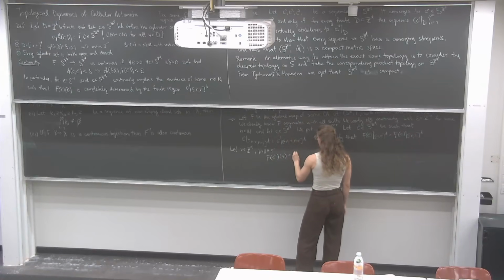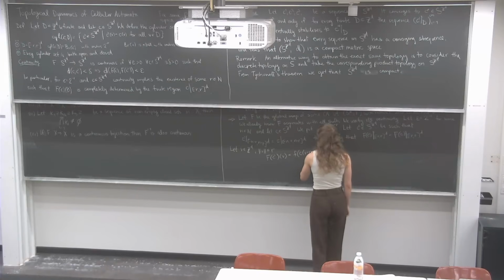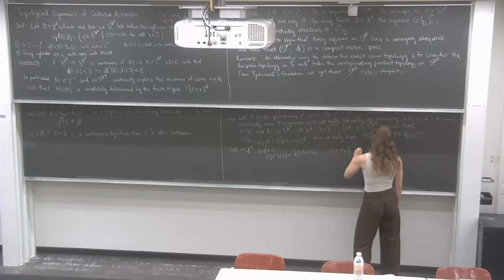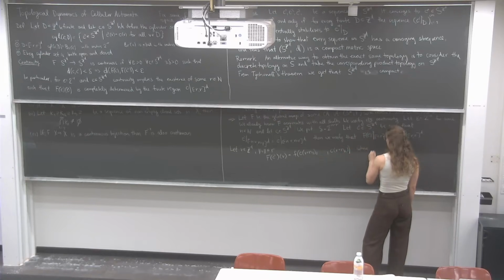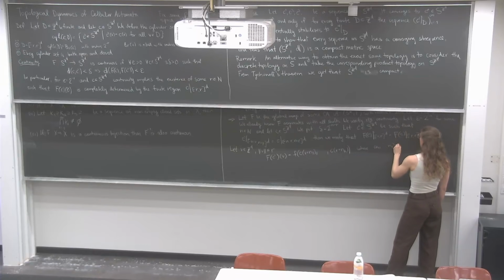By definition, this is just the local rule applied to C'(v + n1), up to C'(v + nk), where n1 up to nk is some enumeration of the neighborhood.